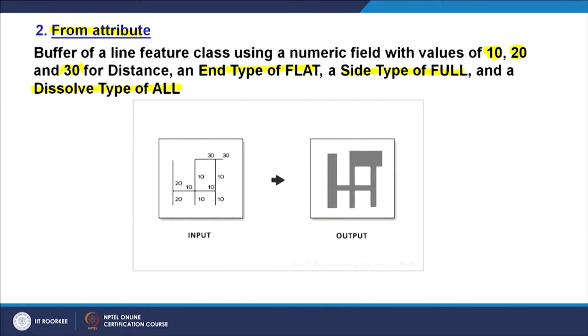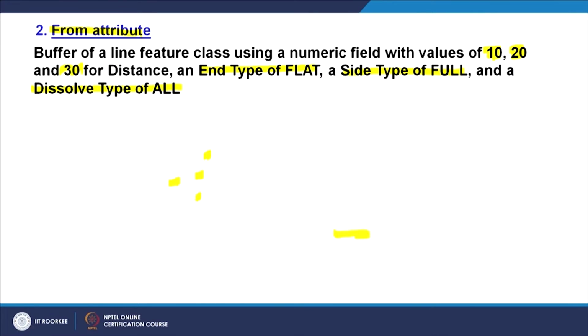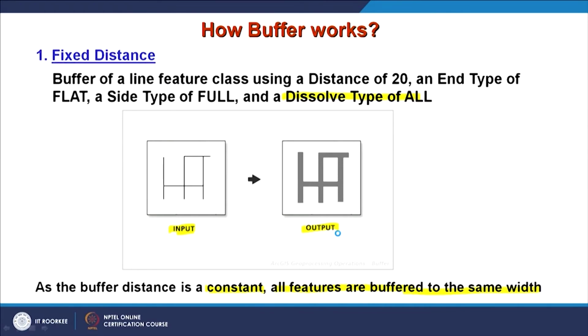So, if we take the same example as the previous one, but with different attribute values 10, 20 and 30, and use those attribute values as the width of my buffer, I can generate something like this. Instead of that first example, here I am getting a more realistic example.